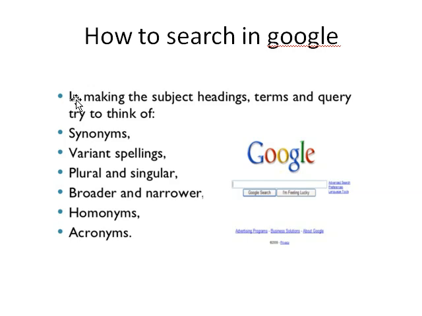Okay, in making the subject or headings, the terms, the query, try to think of some helpful techniques to help you find proper terms, proper keywords, proper synonyms of your research topic, and write some synonyms in the Google toolbar.